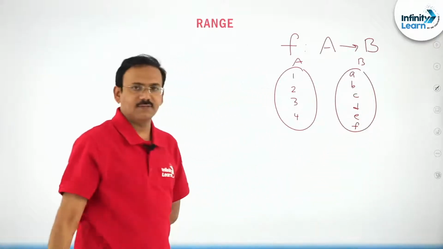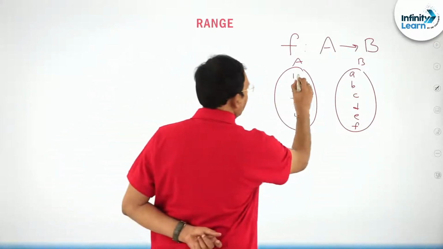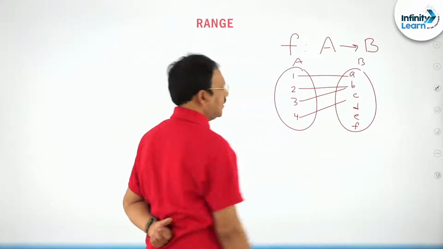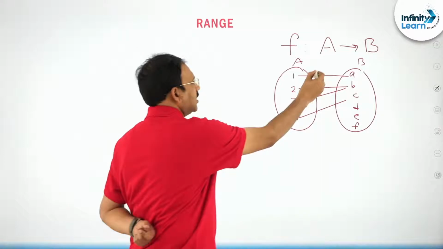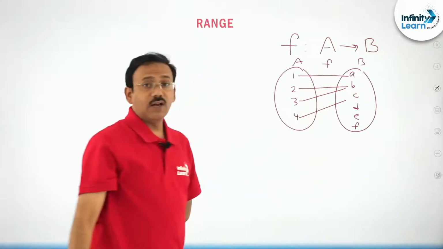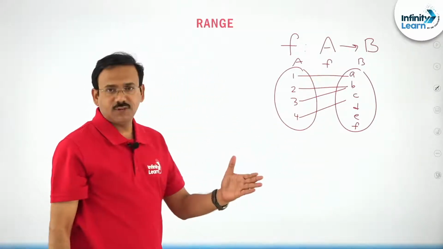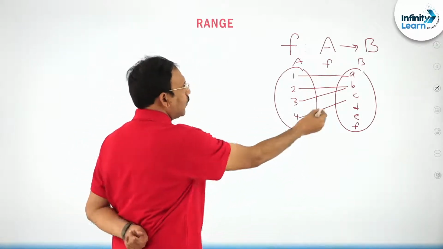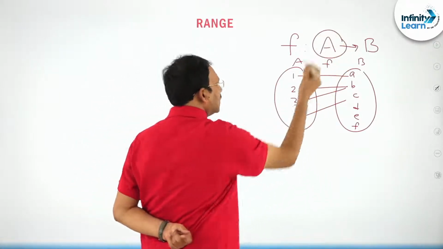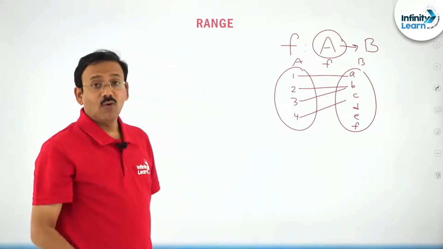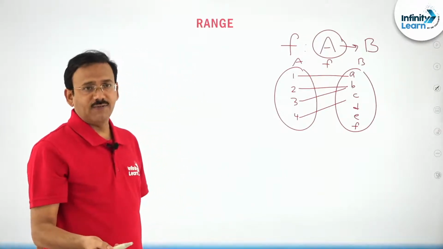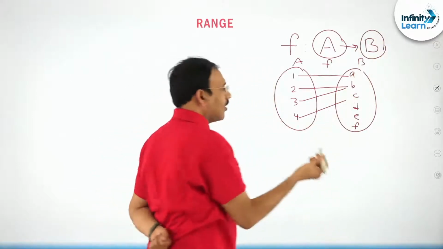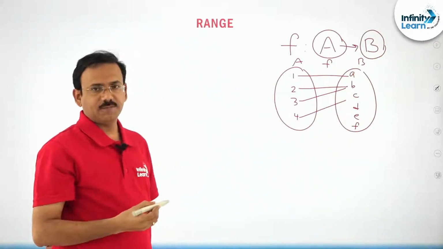Suppose 1 is mapped to a, 2 to b, 3 to b, 4 to c. Let me call this function f. Now what is the domain of this function? Undoubtedly A is the set {1, 2, 3, 4}. This is the domain. What is the codomain of the function? The total set B is called the codomain of the function.